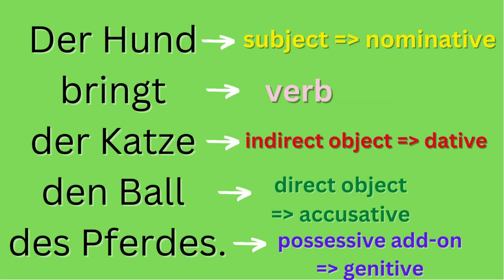Der Hund is the subject, nominative case. Der Katze, that's the indirect object, that's the recipient, right? So that's dative case. Den Ball, that would be what is being given, that's the direct object, therefore it's in the accusative case. And des Pferdes is that genitive, that possessive add-on, right?